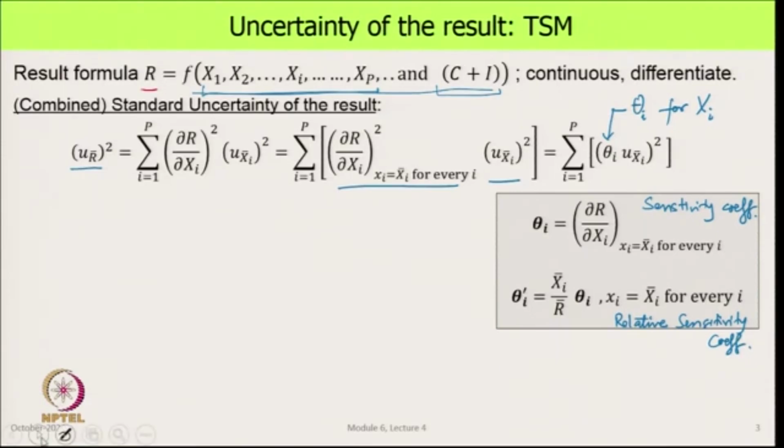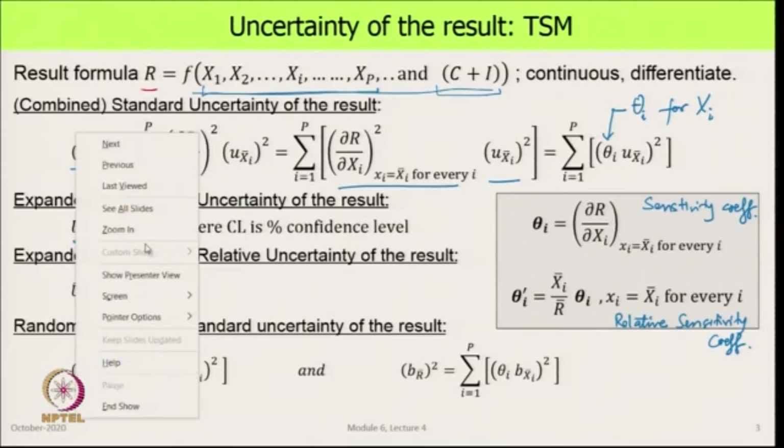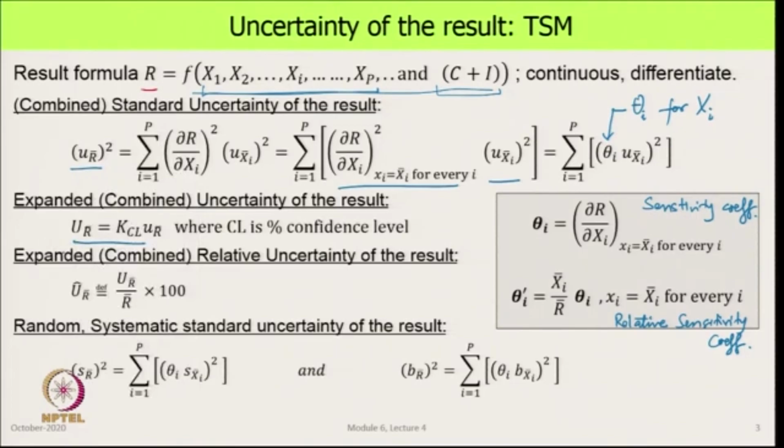And with that, the various relations that we can use in our calculations are these. The expanded combined uncertainty of the result, u r, is a product of the multiplicative factor k c l, which depends on the confidence level chosen, and the combined standard uncertainty in the result.